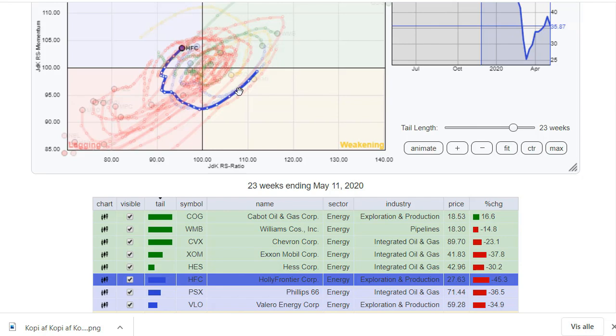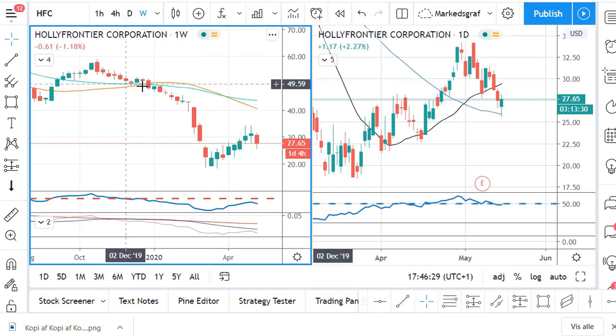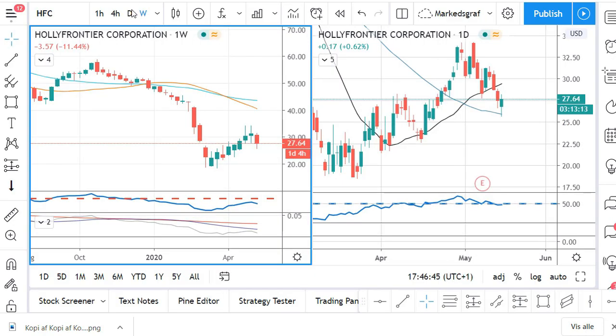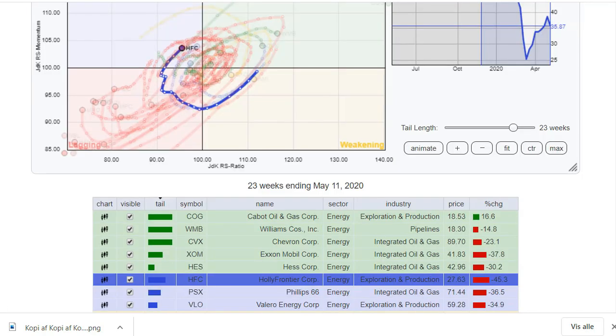So from around here, 22, 23 weeks ago, we knew that this might not be the stock we should hold right now. There might be some other leaders. And then again, 3, 4, 5 weeks ago, this told us that it might be an idea to start having a little look at Holly Frontier again. And that was around here when it began to show some overall strength compared to the sector.